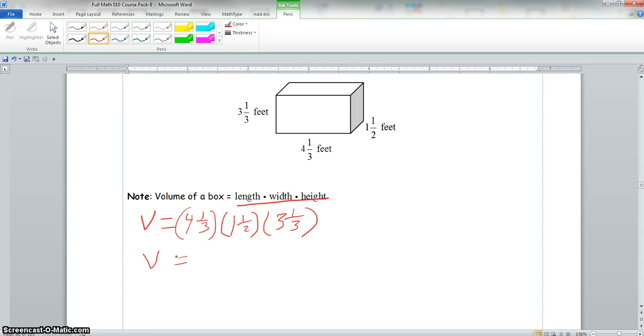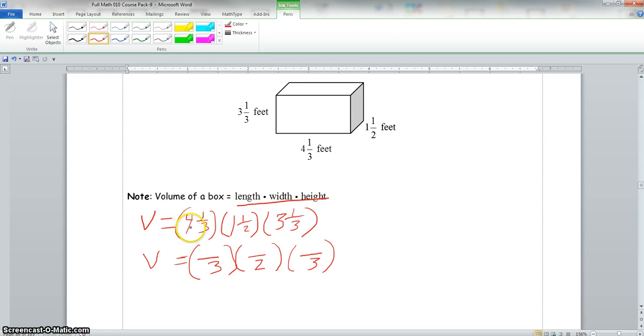Now, what we have to do here, we have to change these mixed numbers to improper fractions. Now, our denominators for each one of these mixed numbers will stay the same as it was originally. So the first mixed number, when we change it to an improper fraction, the denominator will remain 3. The second mixed number, the denominator will remain 2. And the last mixed number, the denominator will remain 3.